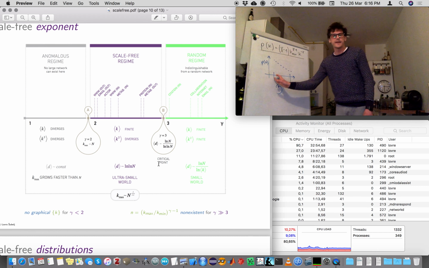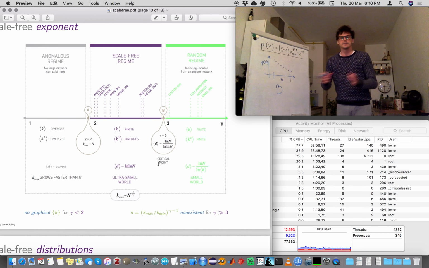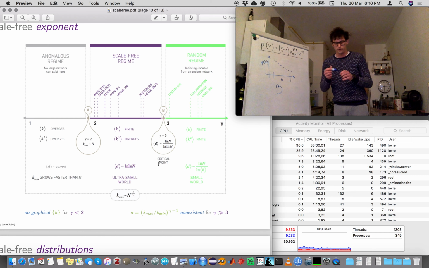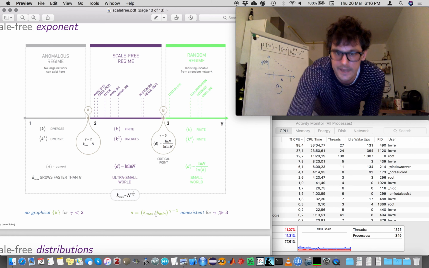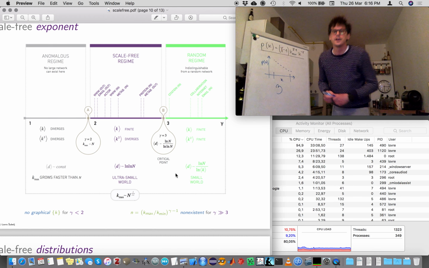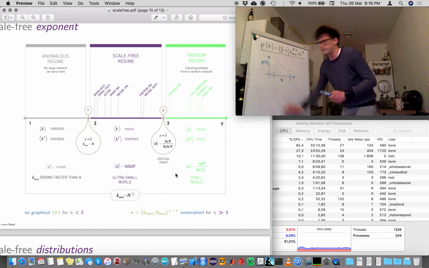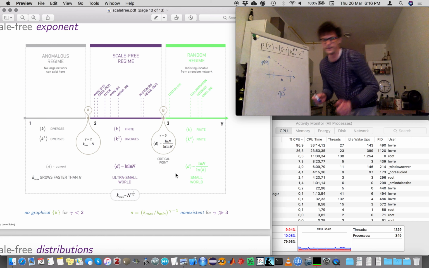So for instance, that the values of the degree are between 10 and 10,000. This will be 3 orders of magnitude. So here on the slide, this is K max divided by K min, and I need this to be at least 3 orders of magnitude, so that value will be 10 to the power of 3.